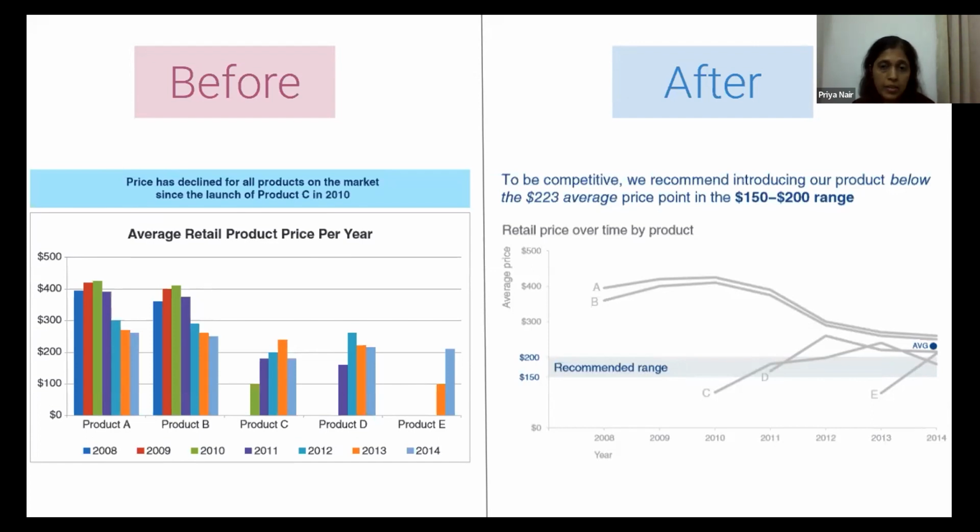And the third thing is we have to eliminate clutter. So look at how things have been highlighted or de-emphasized in the transformed version. If you look, the first thing is the chart border is removed, right?